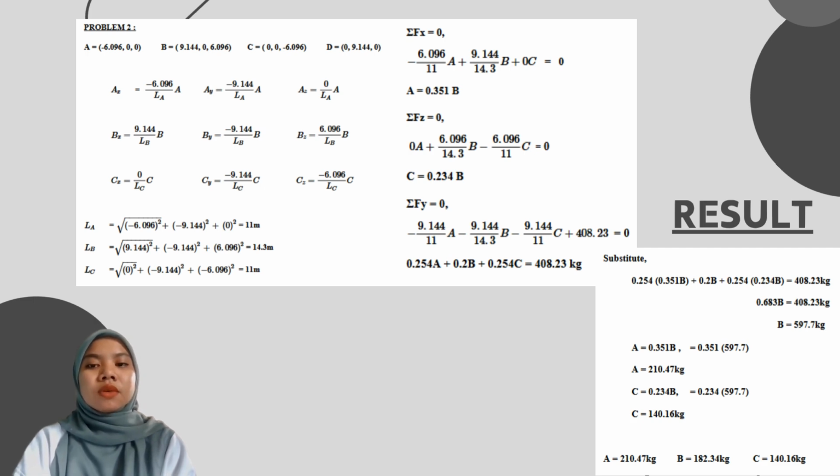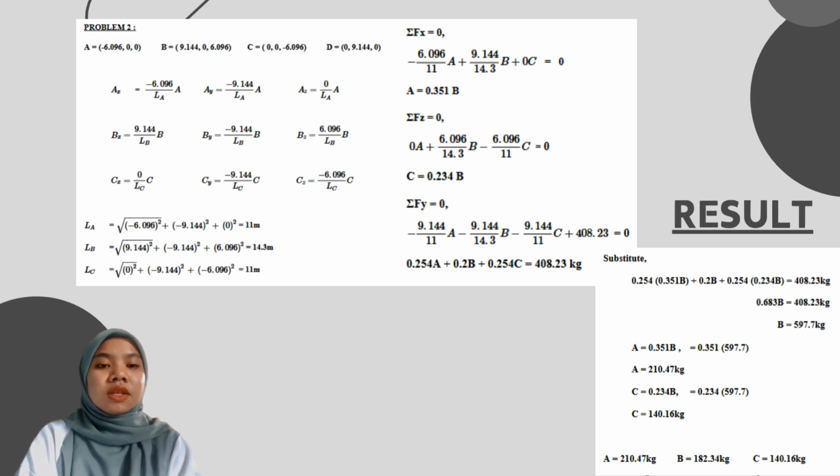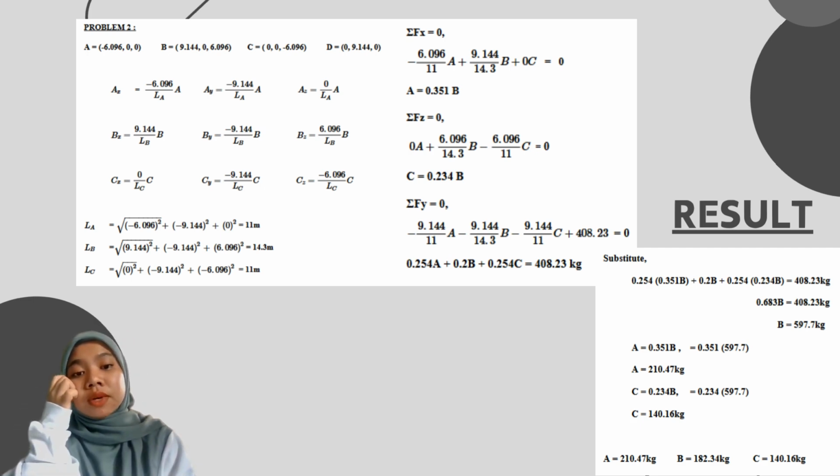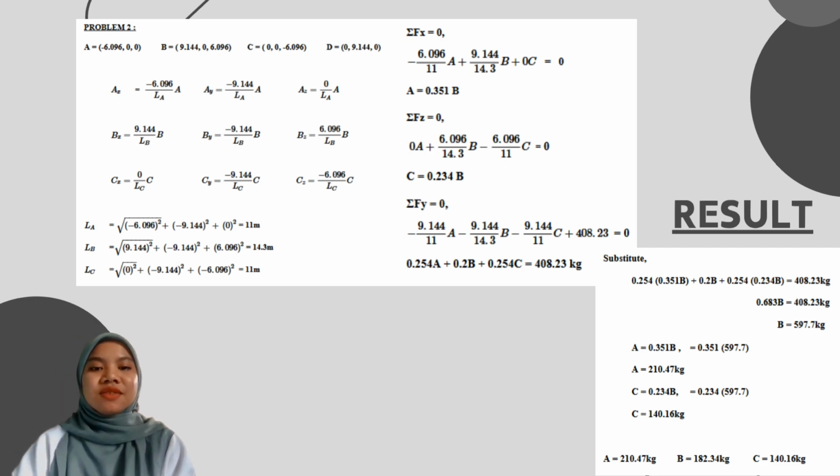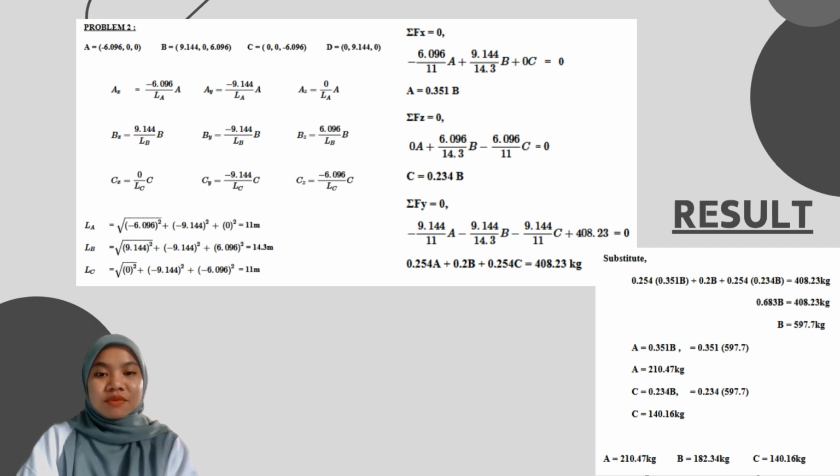Applying equilibrium equations along the x, y, and z axes, we derive the following cable tensions: A 210.47 kg, B 182.34 kg, C 140.16 kg. These values ensure that the system remains in balance with the balloon stationary and secure in its position.